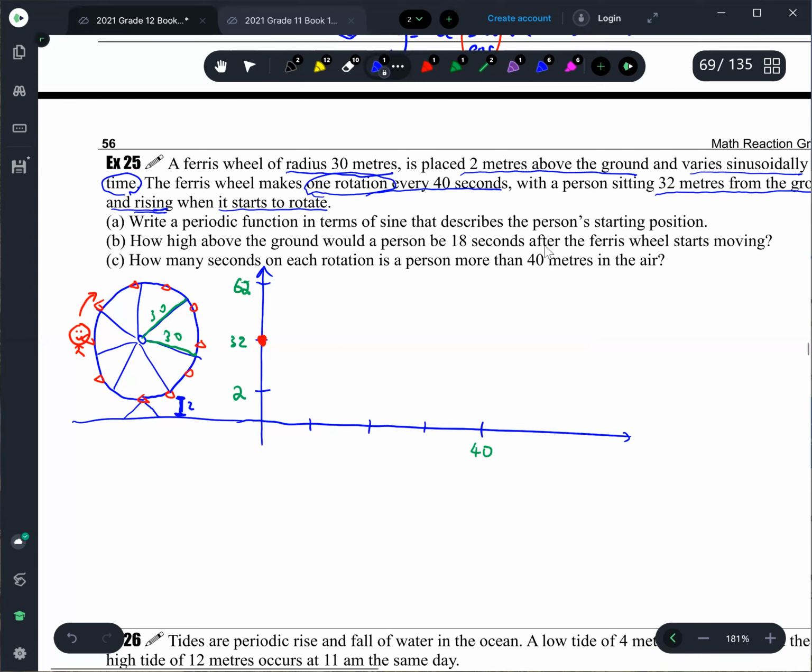Okay, make sure you have the right numbers: highest, lowest, middle, and a period. After that, get a sketch, right? Make sure you are starting at the right place.